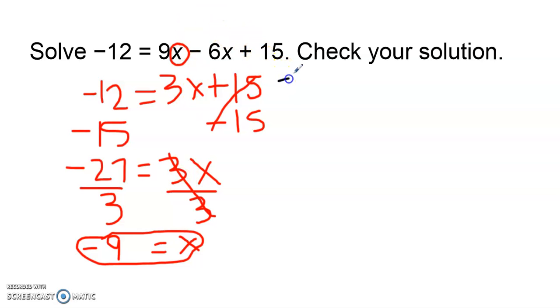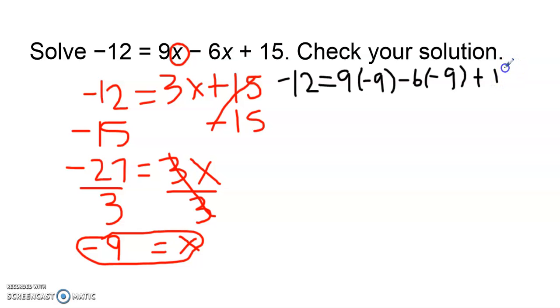So we've got negative 12 equals 9x, and instead of writing x, we'll write negative 9, minus 6, and then negative 9 again, and then plus 15. So with our PEMDAS, I'll go ahead and write that up here.